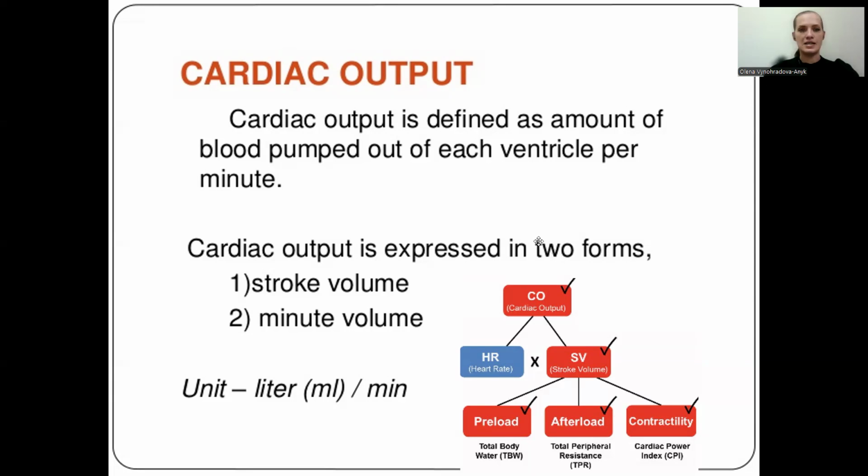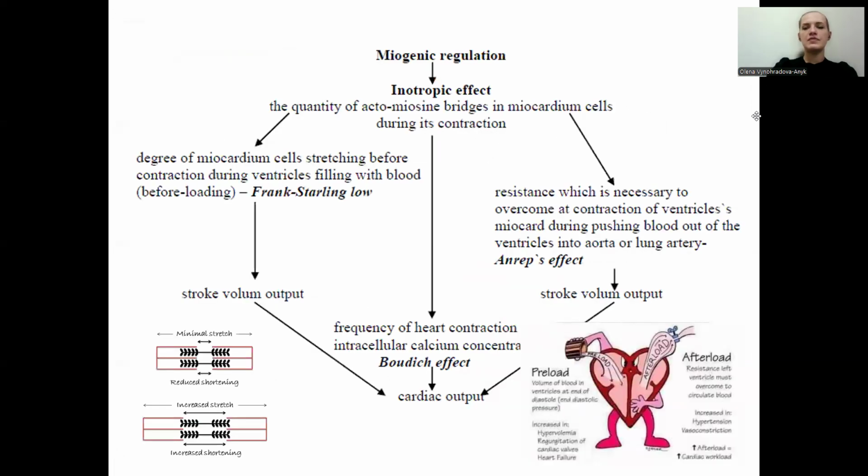When we are talking about regulation of heart activity, we speak about three main mechanisms of regulation. First, myogenic regulation of the heart, or self-regulation of heart contraction. Second, humoral regulation.